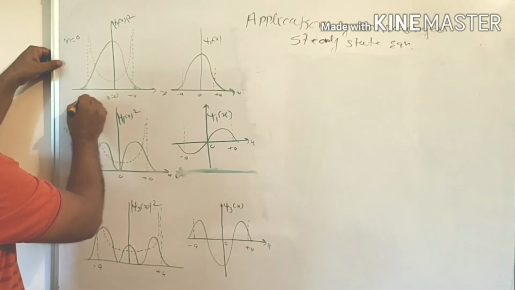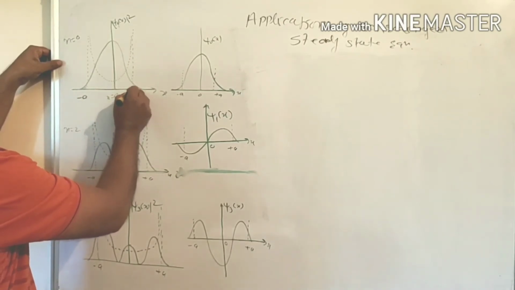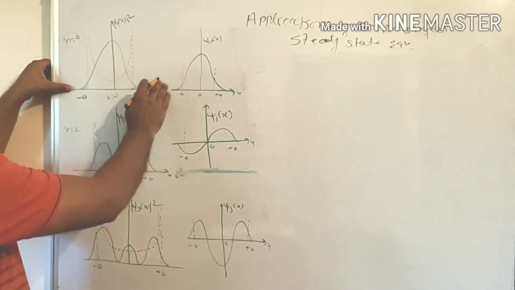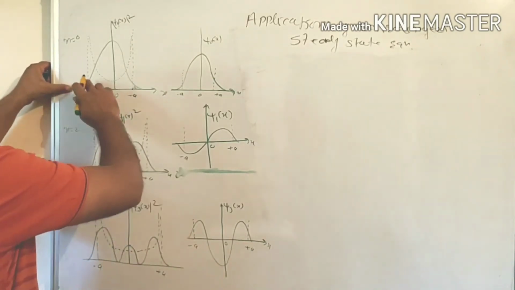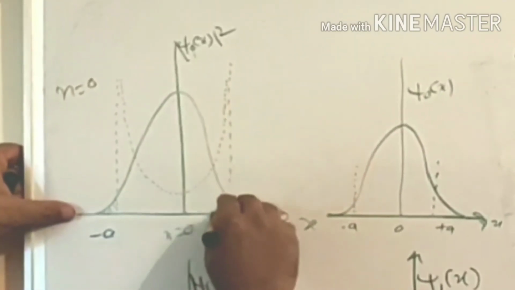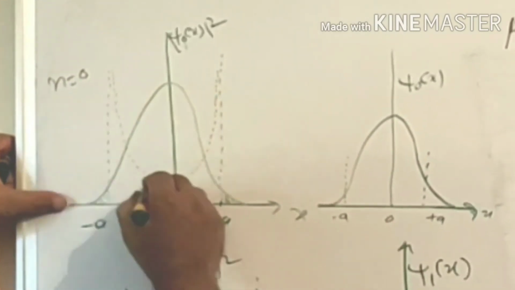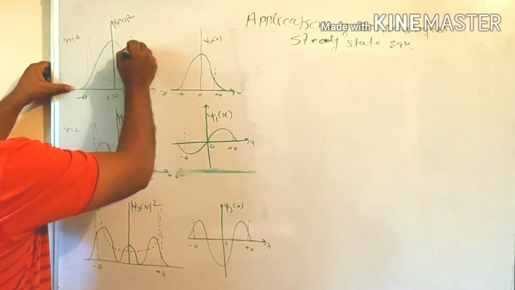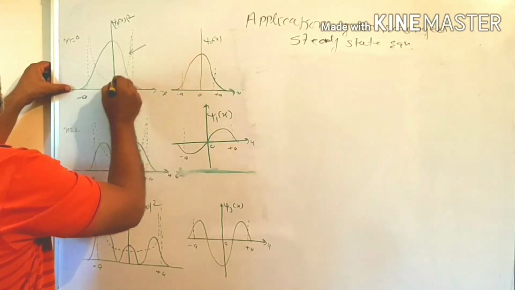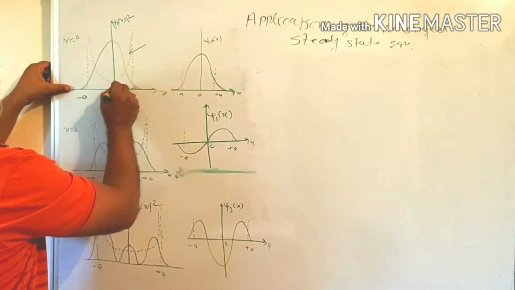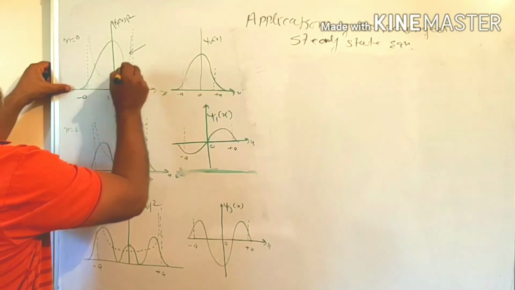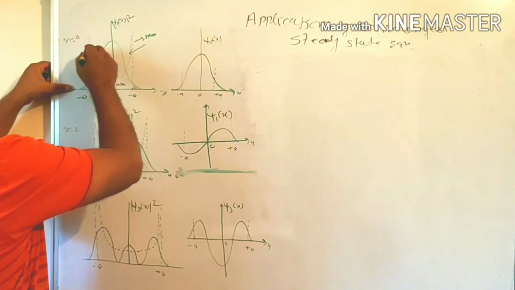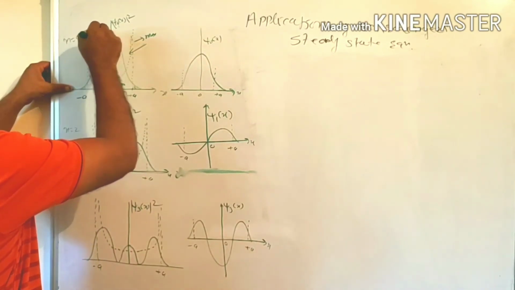This is minus a and this is plus a. There is one tail outside the classical region, and the dotted curve is nothing but the classical probability. The classical probability at the mean position is a minimum, whereas at the extreme position it is a maximum.